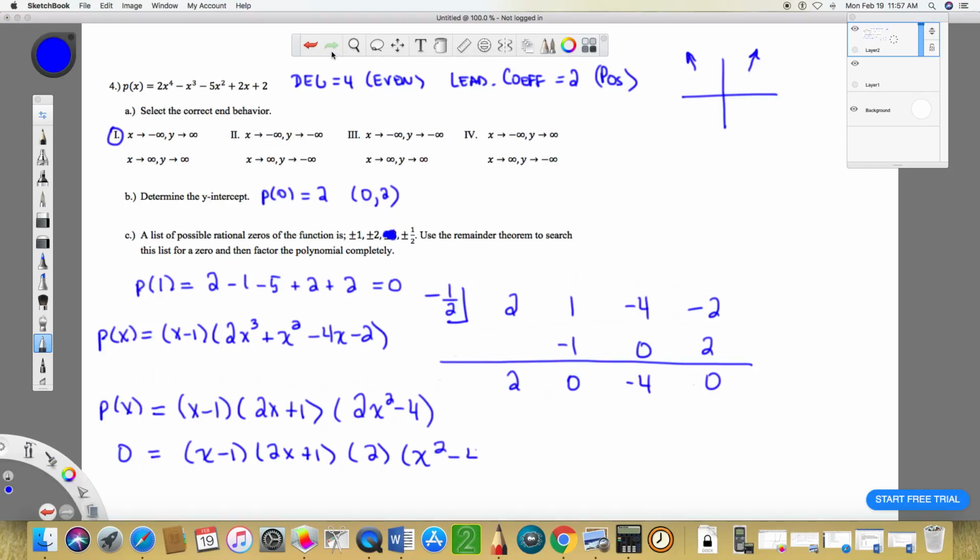So in factored form, x minus 1, 2x plus 1. I'm going to put the 2 out in front. This would be x plus the square root of 2 and x minus the square root of 2.